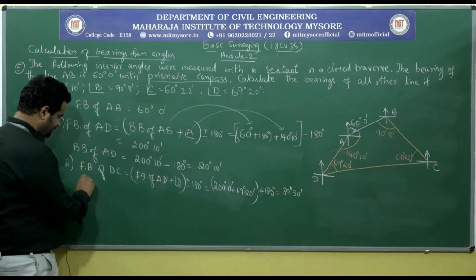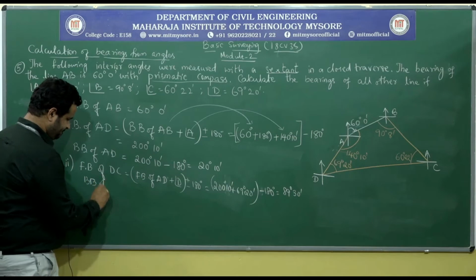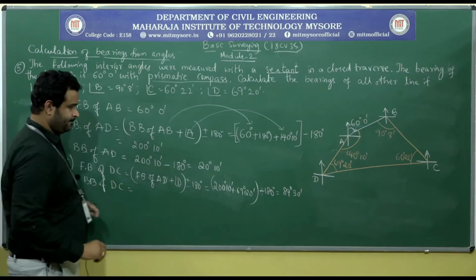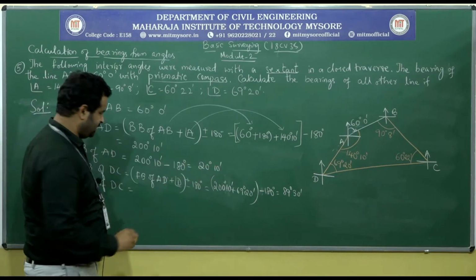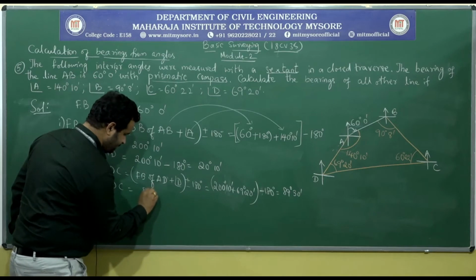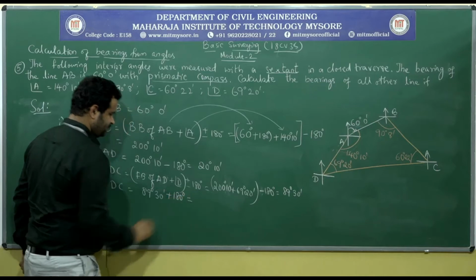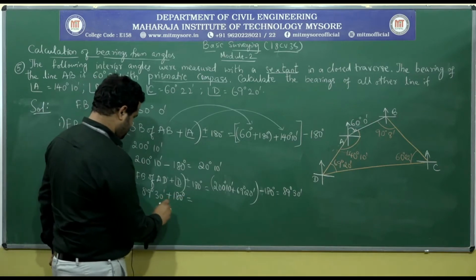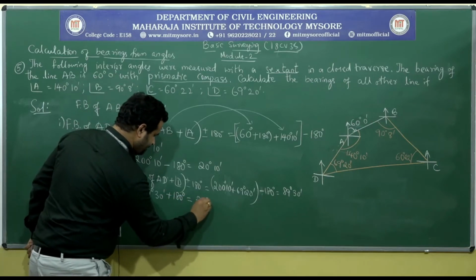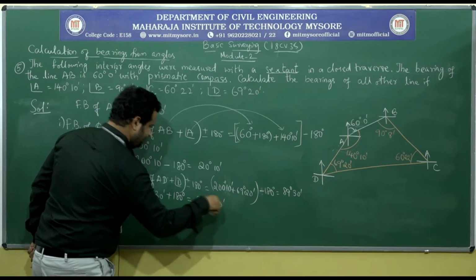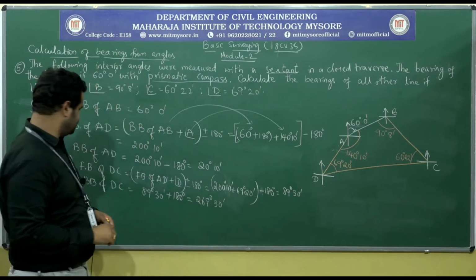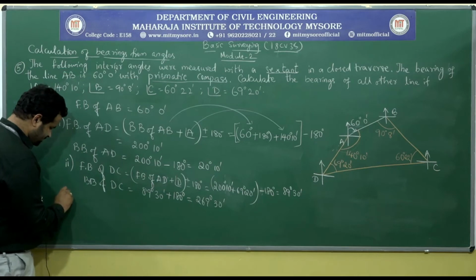What about the back bearing of line DC? Since it is less than 180, add 180 to it. It will give you 216 degree 30 minutes.